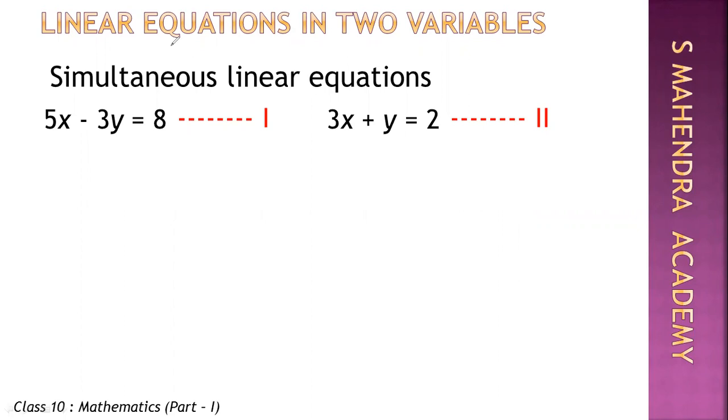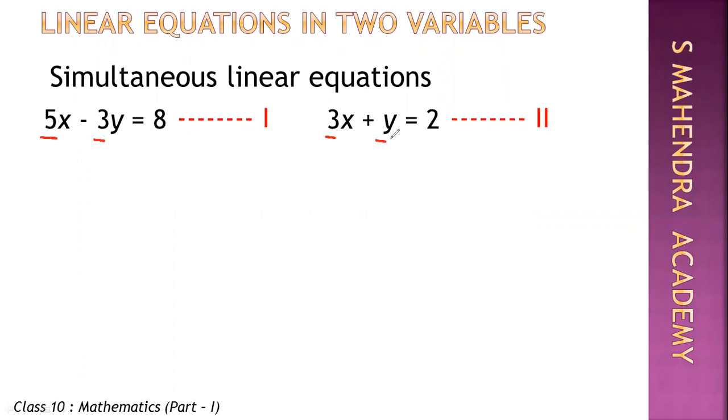For this purpose, we have to study the coefficients of the variables. Here the coefficient of variable x is 5 and the coefficient of variable y is -3. Here the coefficient of variable x is 3 and the coefficient of variable y is 1.